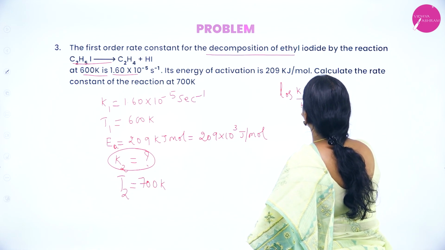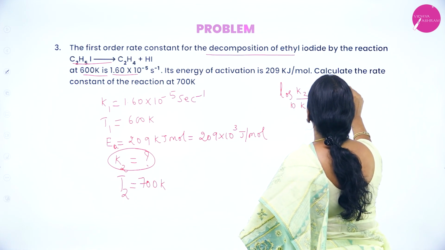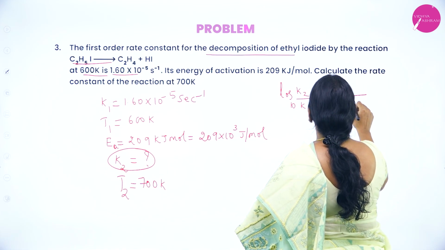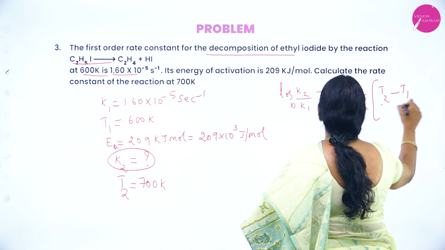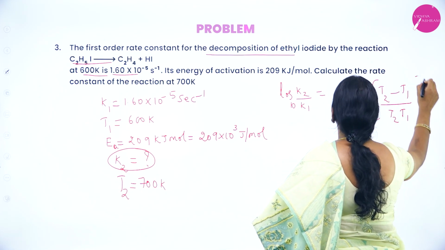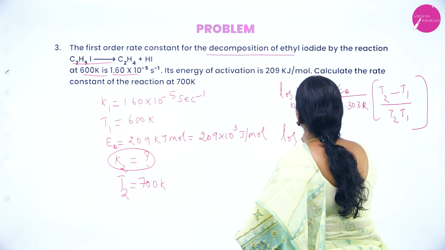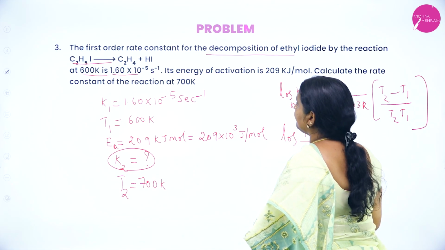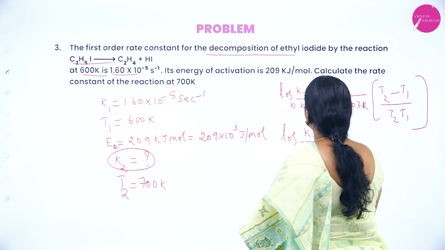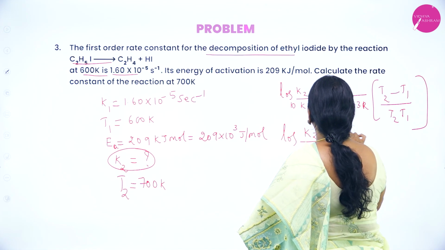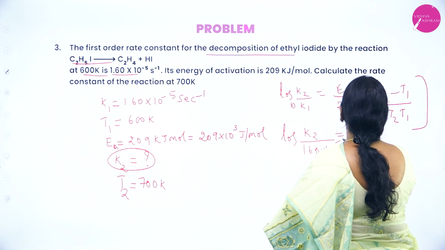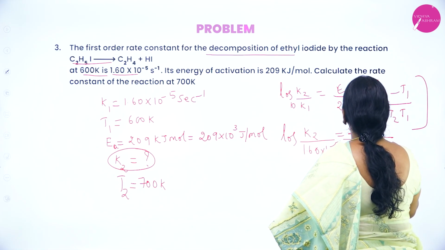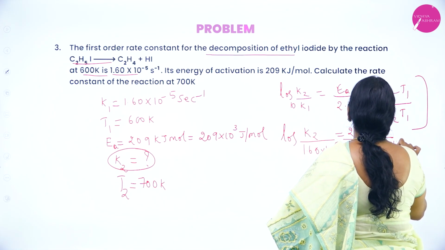Log K2 by K1 to the base 10 is equal to EA by 2.303 R into T2 minus T1 divided by T2 T1. You have to find out K2. K1 is 1.60 into 10 to the power of minus 5. EA is 209 into 10 to the power of 3. This is 2.303 into 8.314.